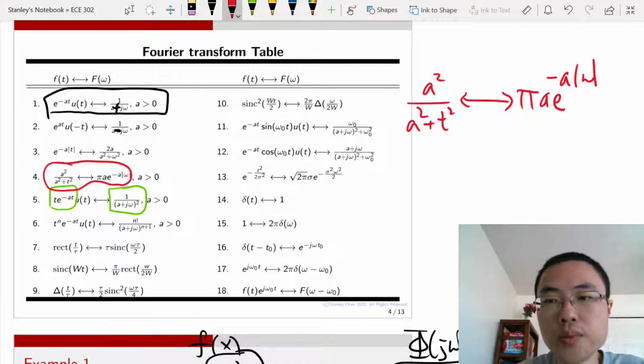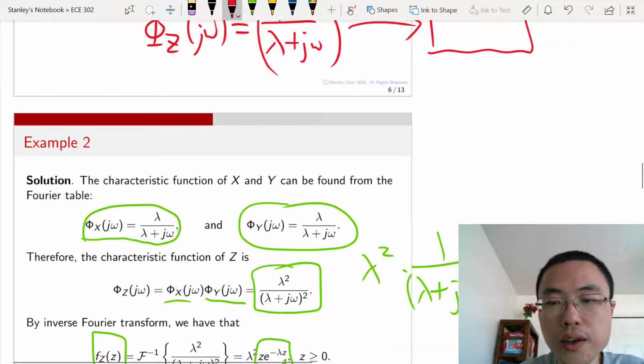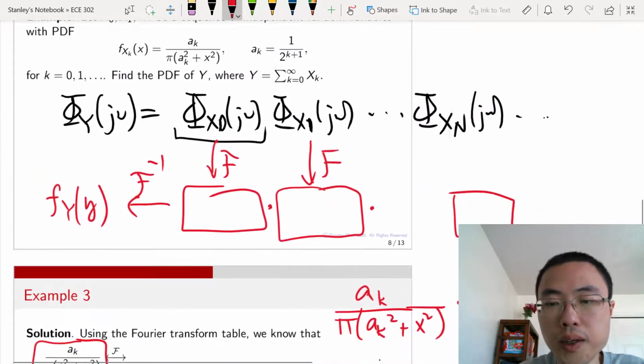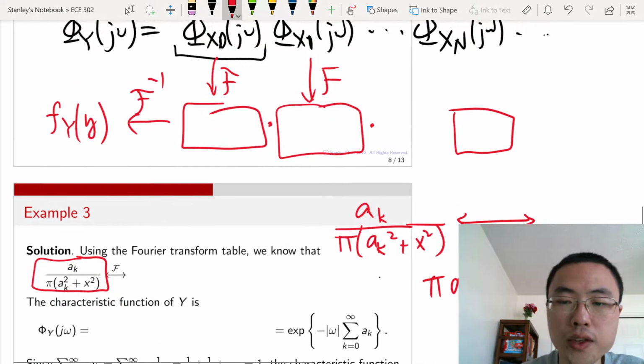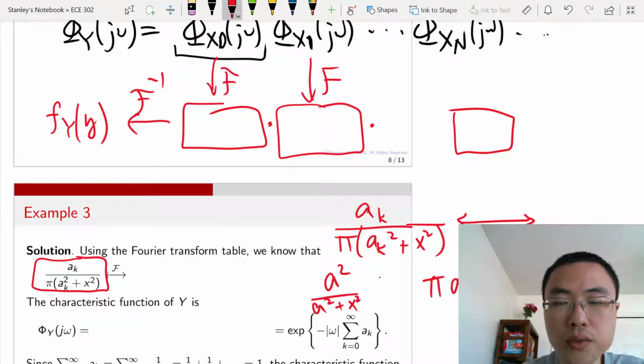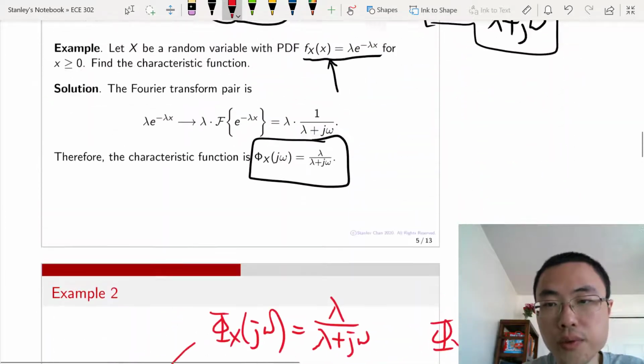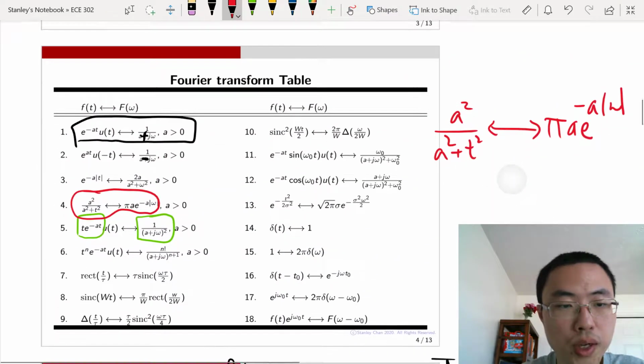Okay, so let's bring this expression down here. So you have pi a e minus a omega, and that is true when you have a squared divided by a squared plus x squared. So let me just double check to make sure that this is correct.